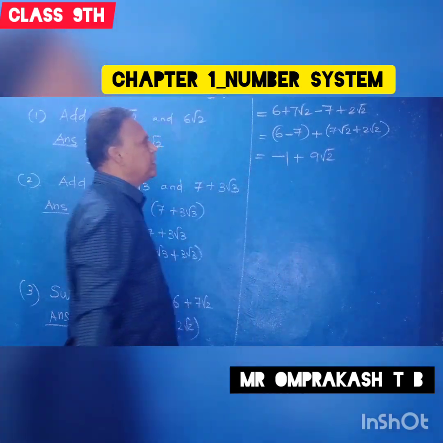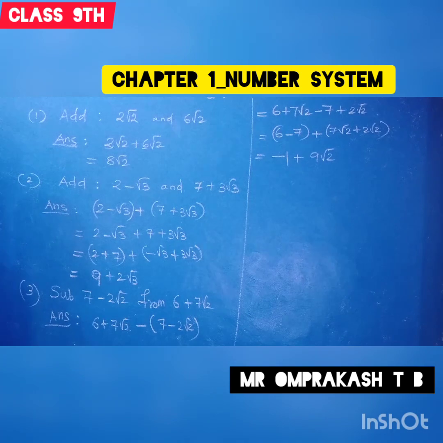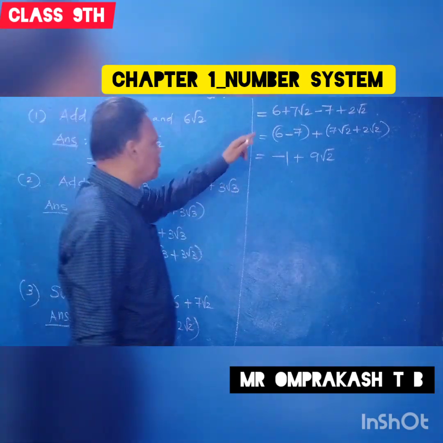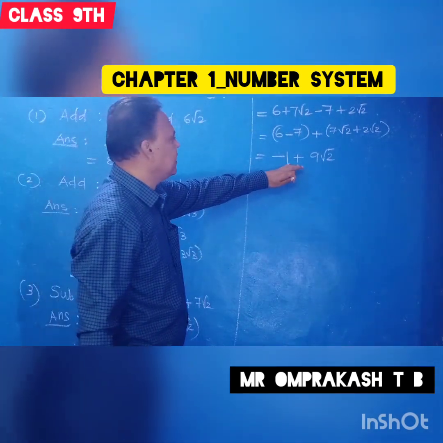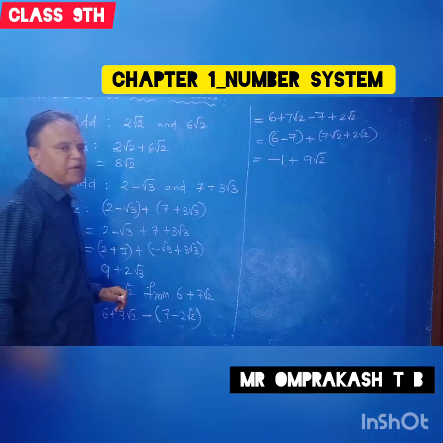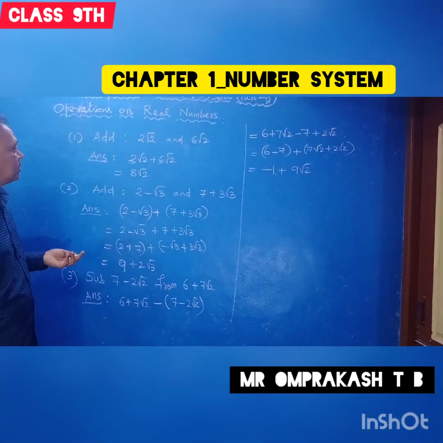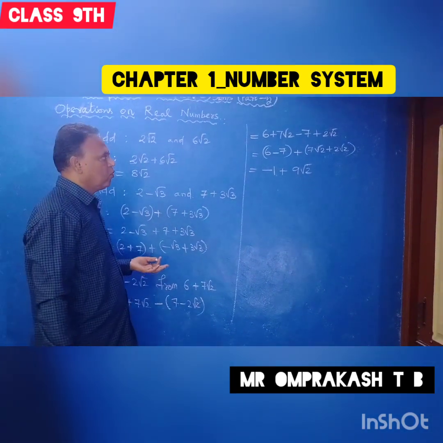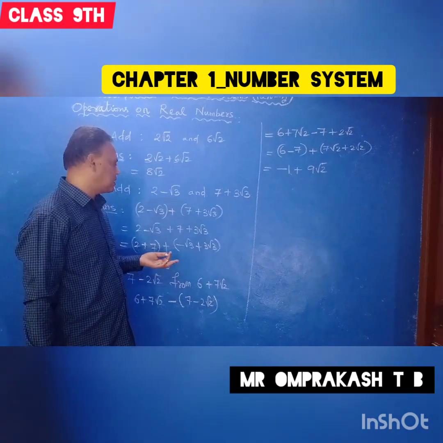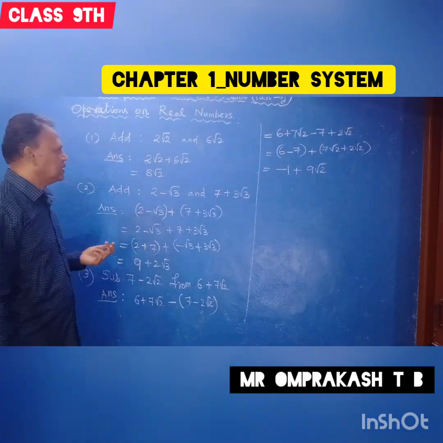So it is also an irrational number. Adding two irrational numbers, you are getting again an irrational number. Here also, subtracting two irrational numbers, you are getting again an irrational number. Sometimes we may get a whole number also. That depends upon the numbers.